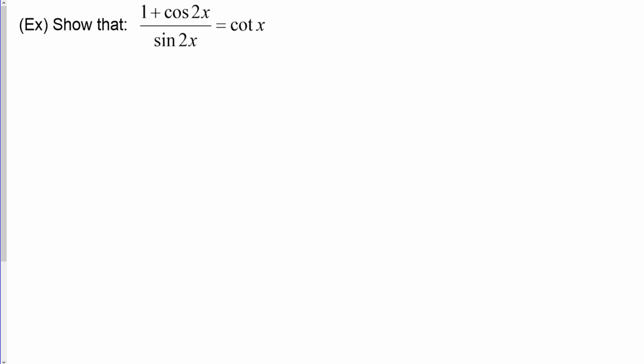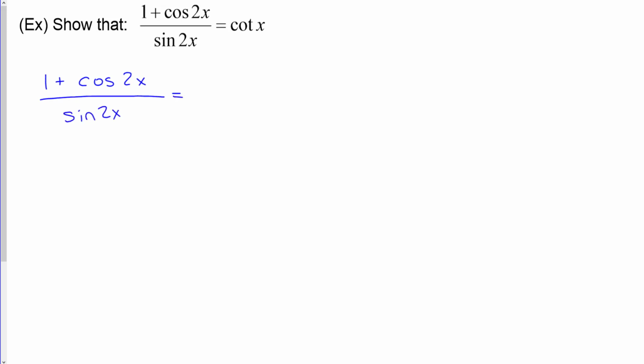Next up, show that 1 plus cosine 2x over sine 2x equals cotangent x. In order to show this, we start with the side that's most difficult, so I'll begin with the left-hand side of the equation.